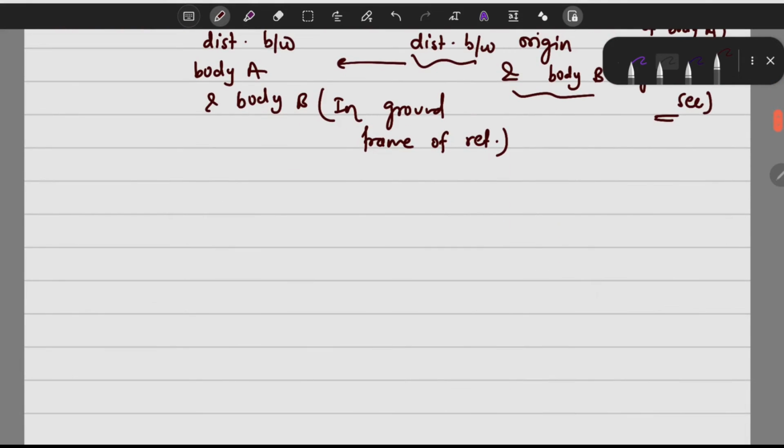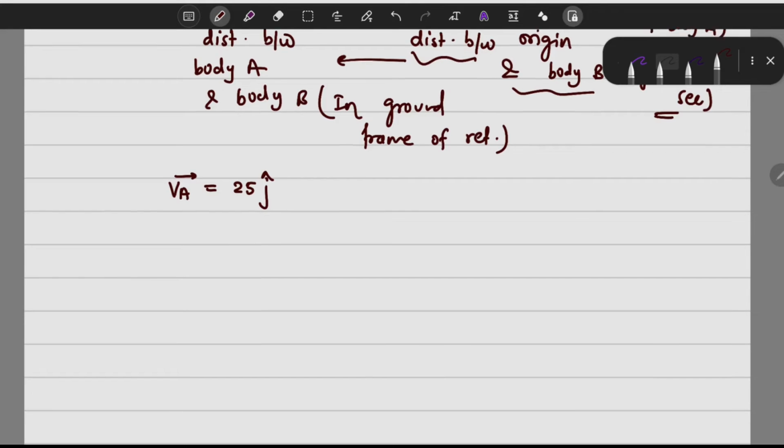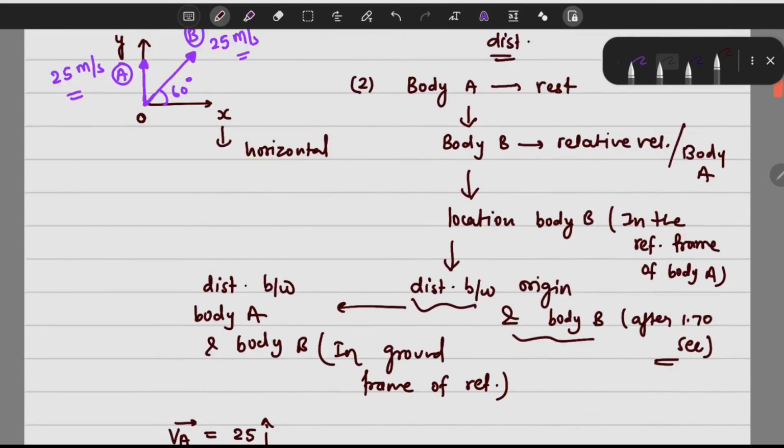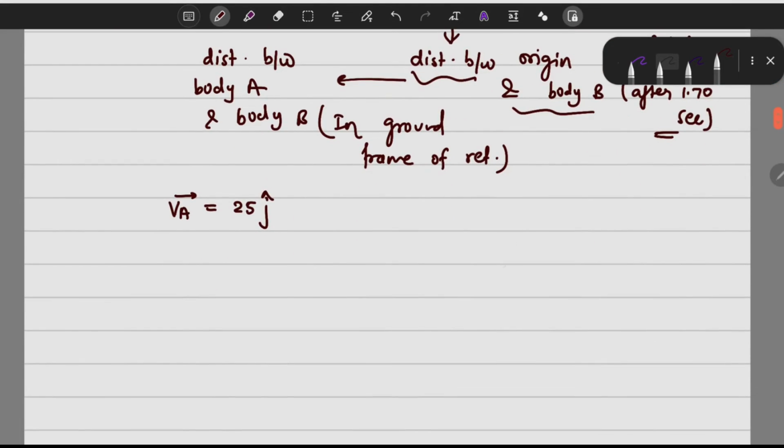So let us first write the velocity of A, that is given as 25 j cap because it is in the vertical direction, and for velocity of B we can take the components. This is the velocity of B, and this particular angle is 60 degrees, given as 25 meters per second.